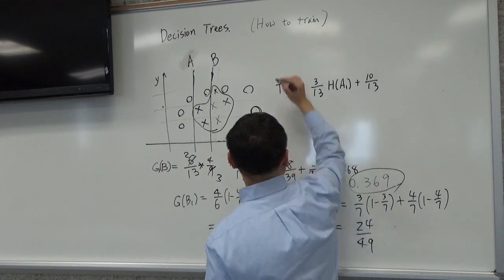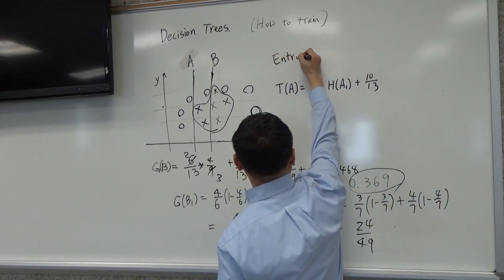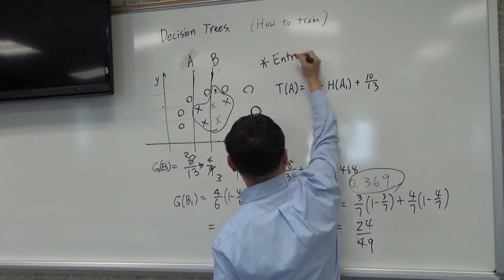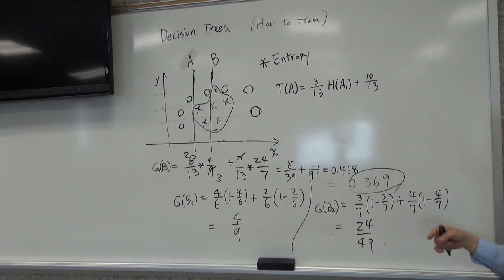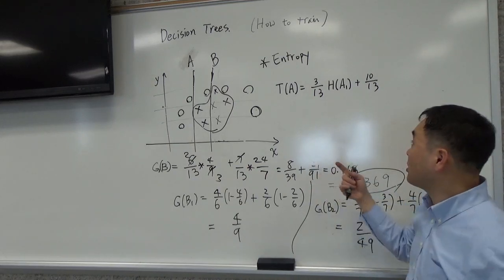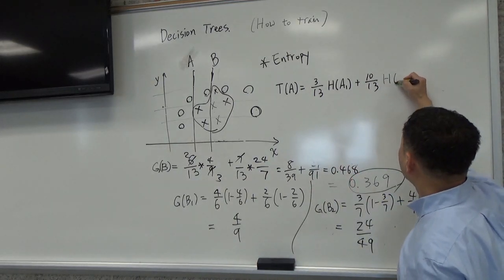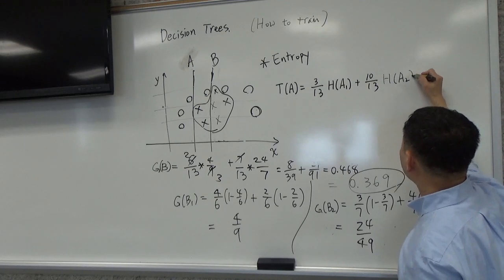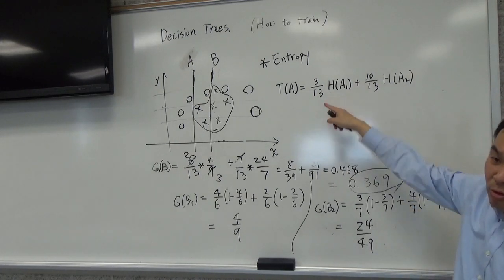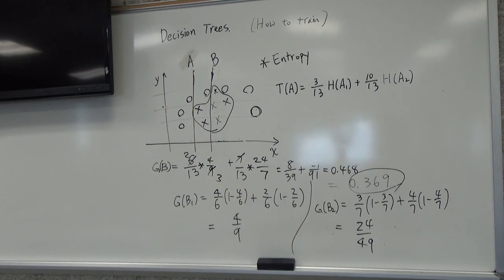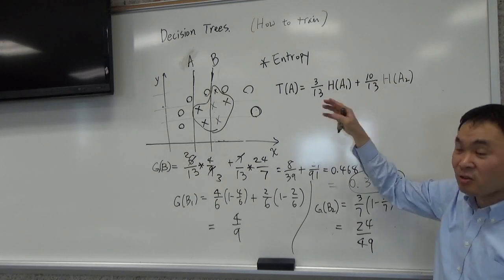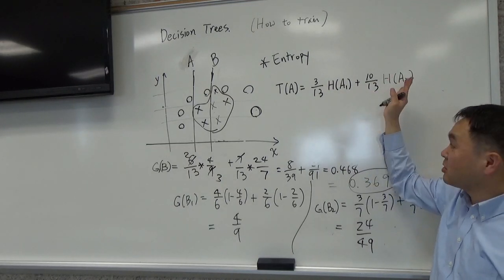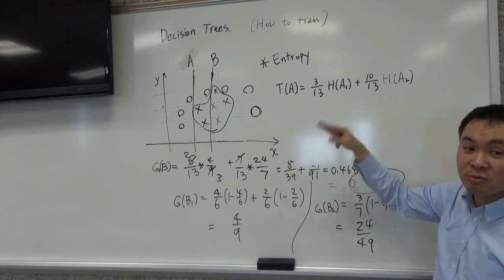Now we can use the entropy calculation. We can do the same thing, but the criteria is now, instead of using the Gini index, we use the entropy. Same idea. Usually you use H for entropy. You calculate the entropy for each case, and then you take the weighted average, and then you just look for the smallest one.